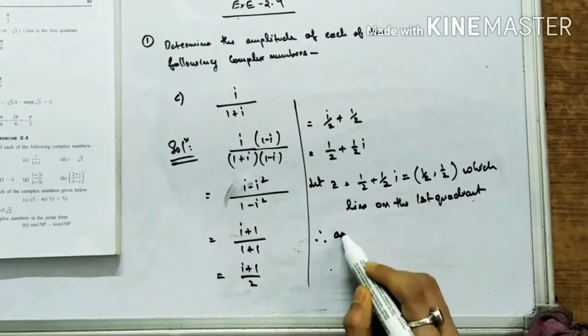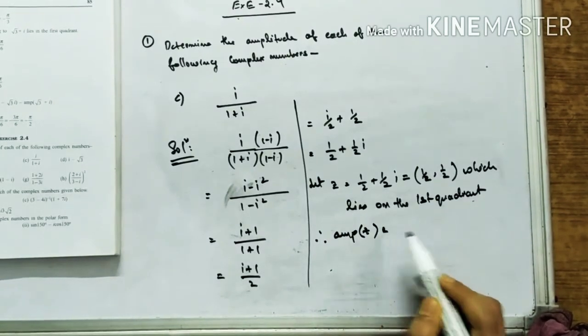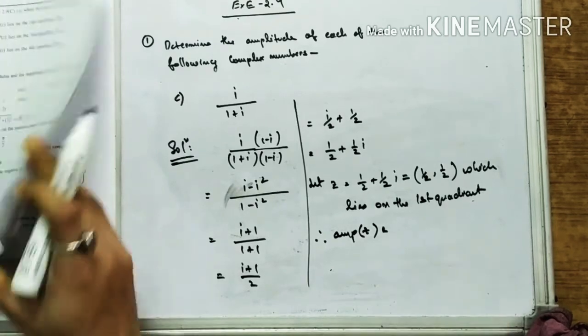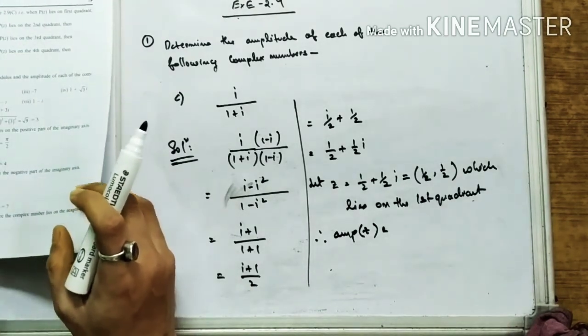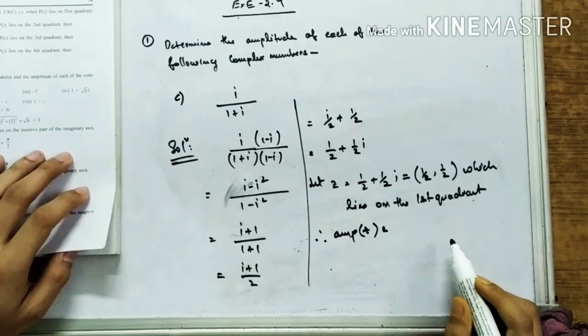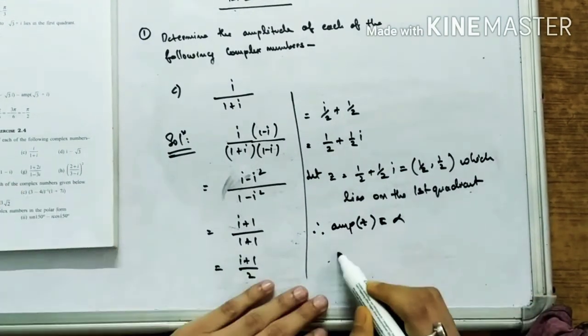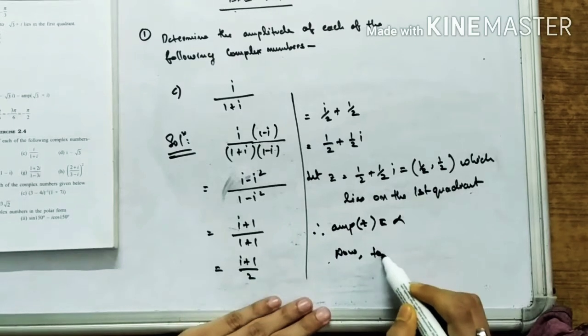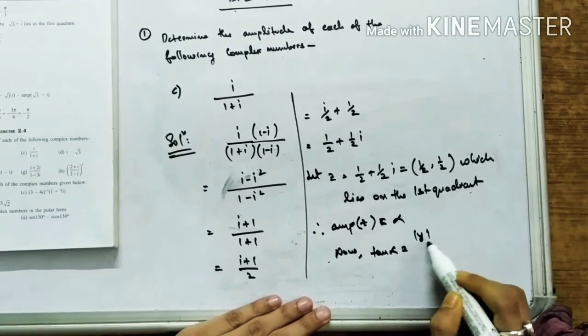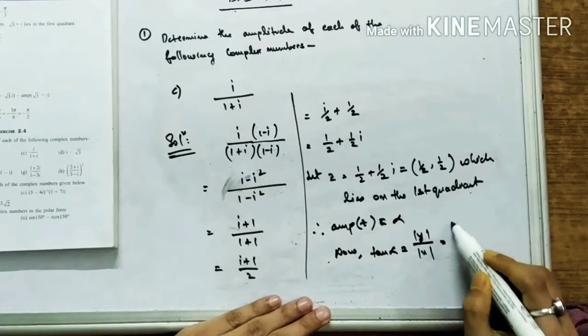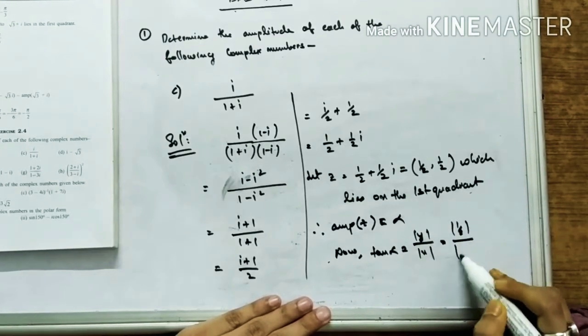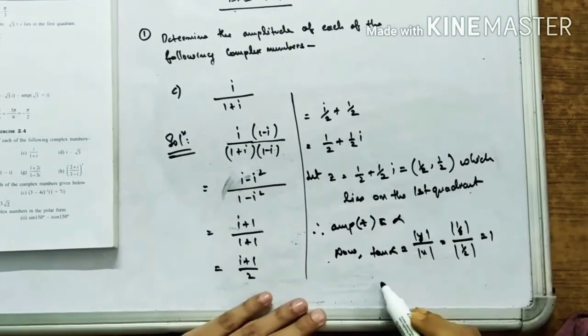So therefore the amplitude of z, it will be alpha. Now tan alpha is equal to modulus y by modulus x. It is equal to modulus 1 by 2 by modulus 1 by 2, which is ultimately 1 only.